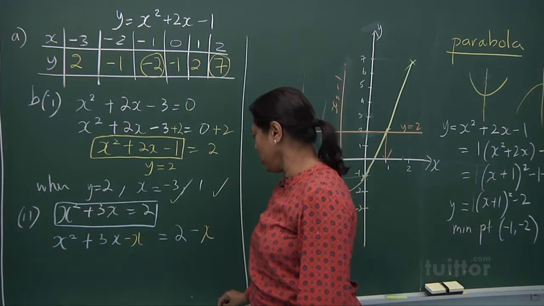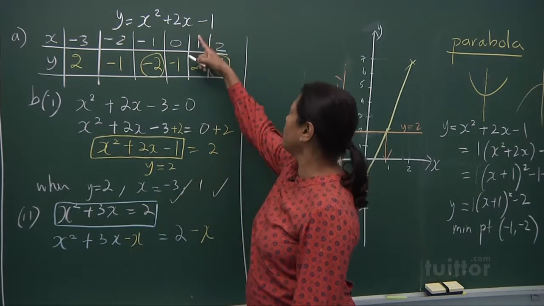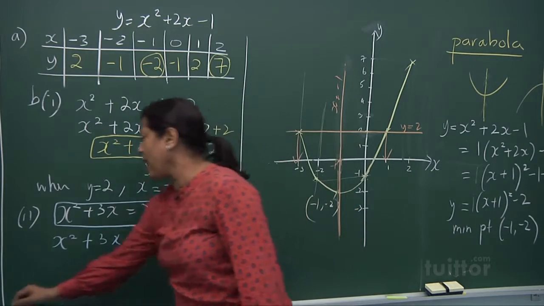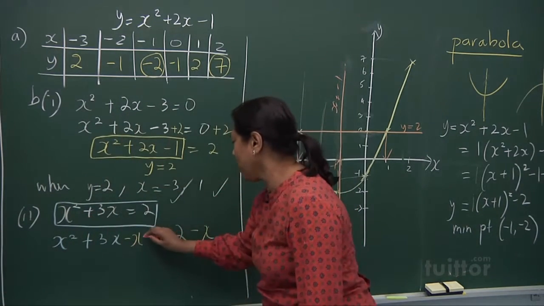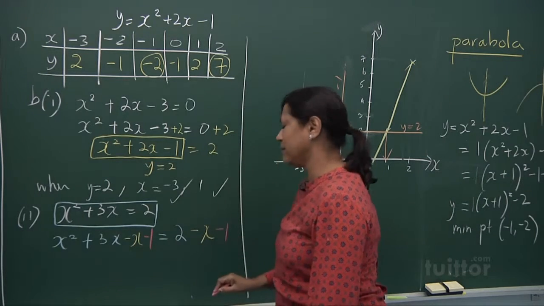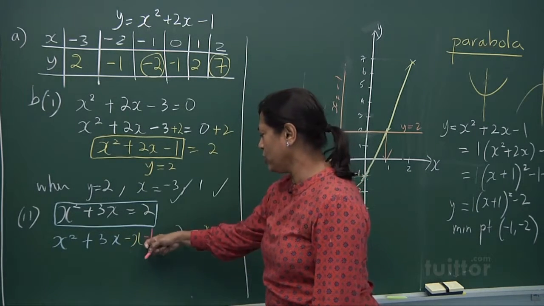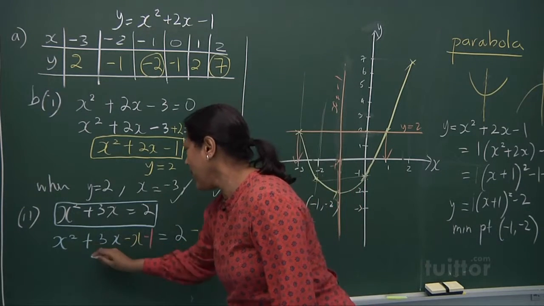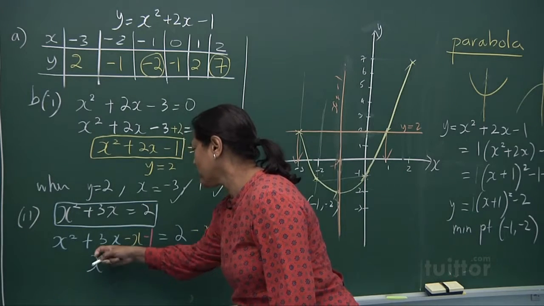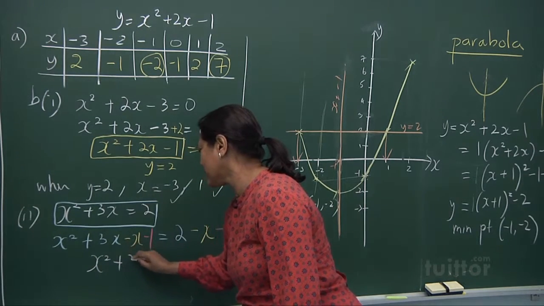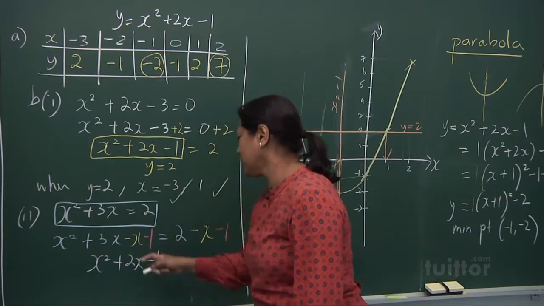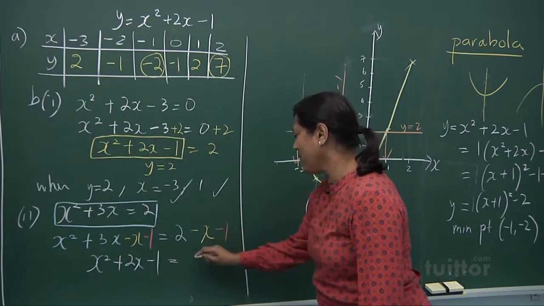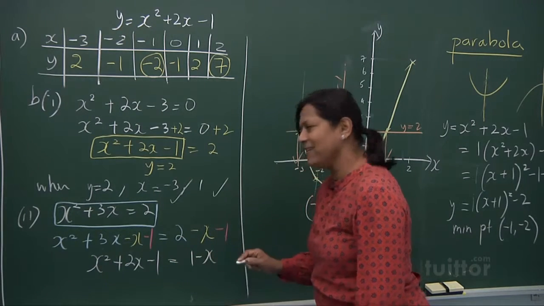Now what else do you need to do? Oh, you got to do a minus 1. There has to be a minus 1. So you add a minus 1 here and you add a minus 1 there. What you do here, you do here. So your equation will be x squared, 3x minus x is plus 2x minus 1. And 2 minus 1 will be 1 minus x.